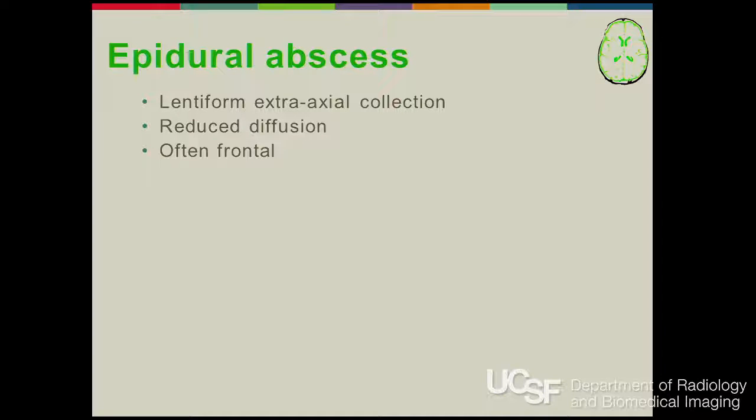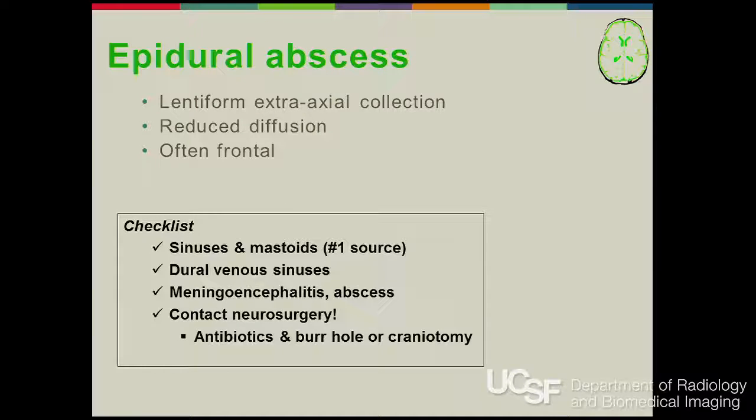Epidural abscesses are common extraaxial infections in the setting of surgery, as well as sinus disease, as we'll see. It presents as a lentiform extraaxial collection. Reduced diffusion can often be very helpful in distinguishing this from more simple collections. It's often frontal, because the most common etiology is from a paranasal sinus infection or from infection of the mastoids.